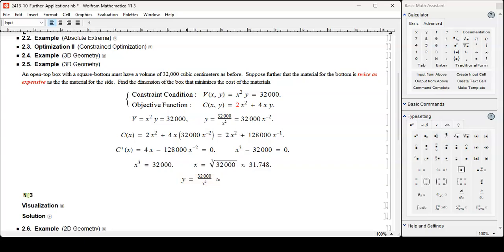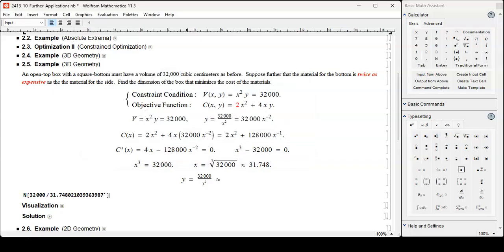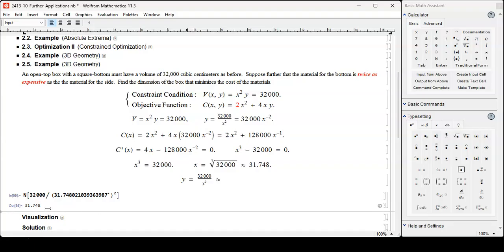So 32,000 divided by this quantity, 31.748. Oh, I forgot to square that. Sorry about that. Okay, alright.